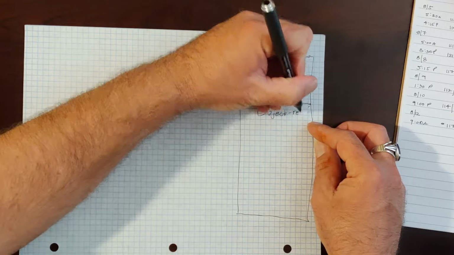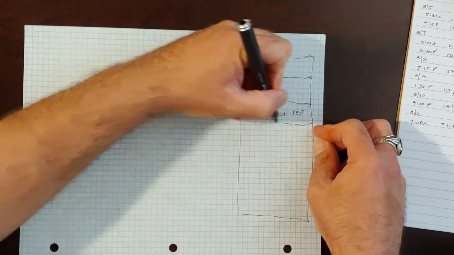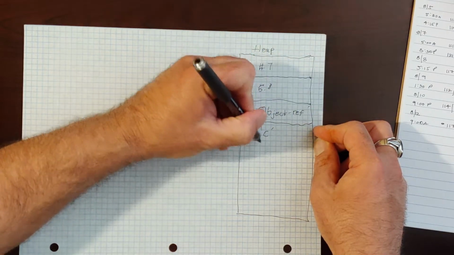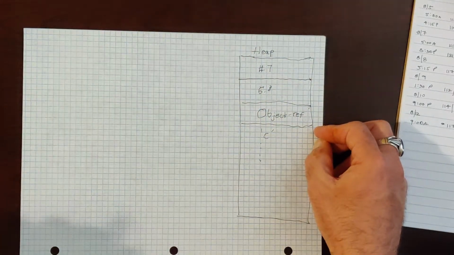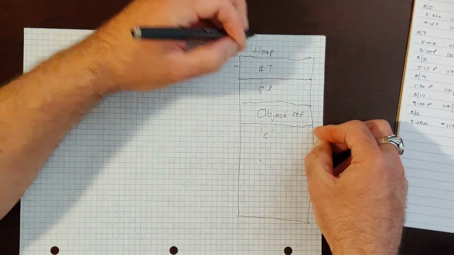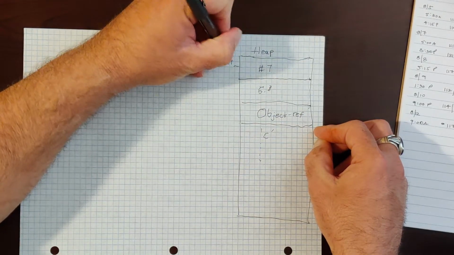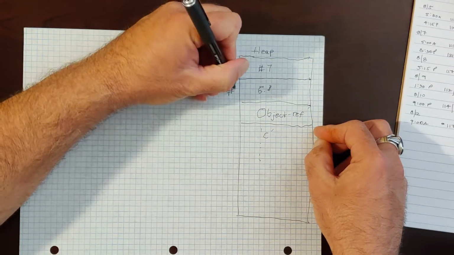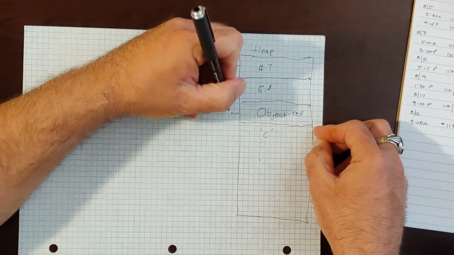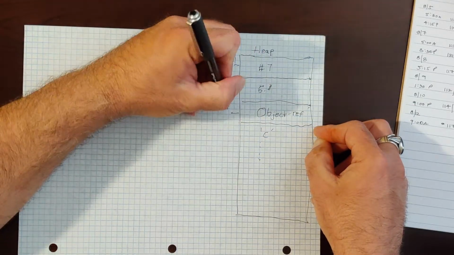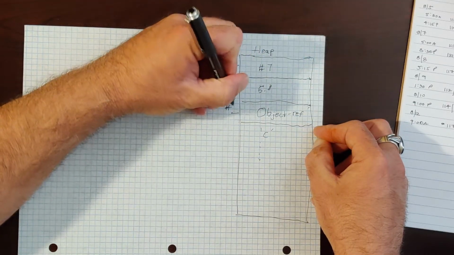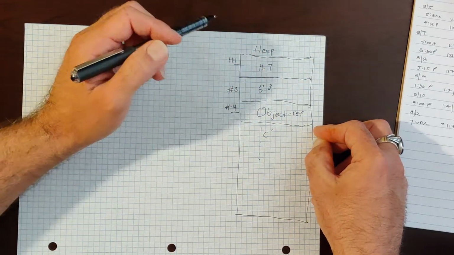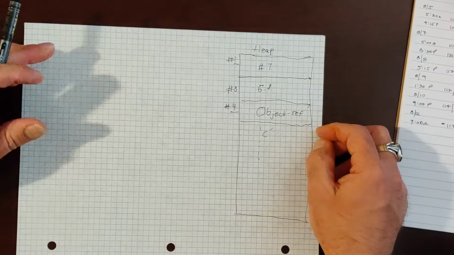Technically, this would be an object reference, or a character, or really any data type that we like. And the heap is organized such that every location in the heap has a unique address. They're not necessarily in any particular order, but everything that we put into the heap has an address.